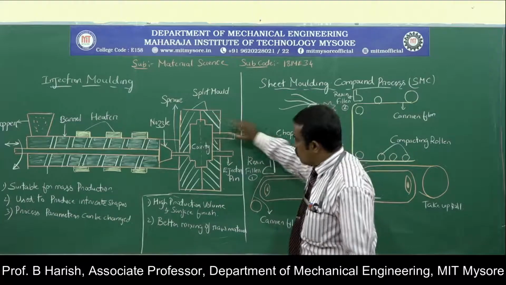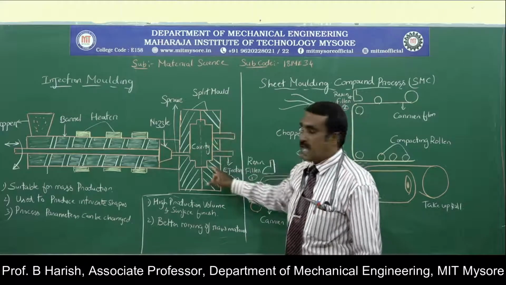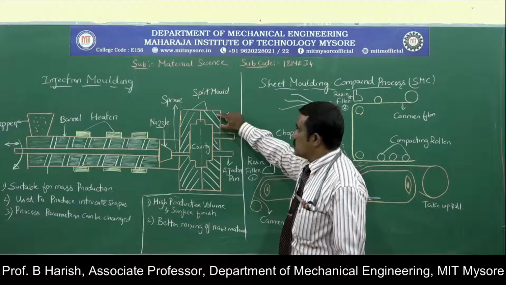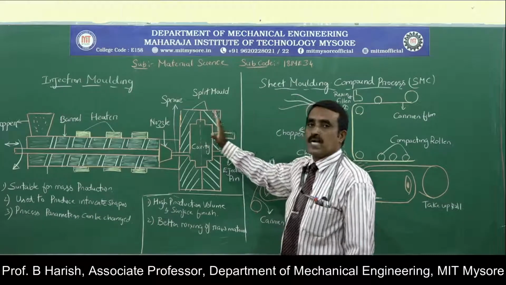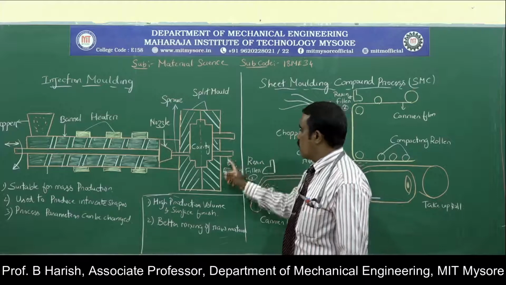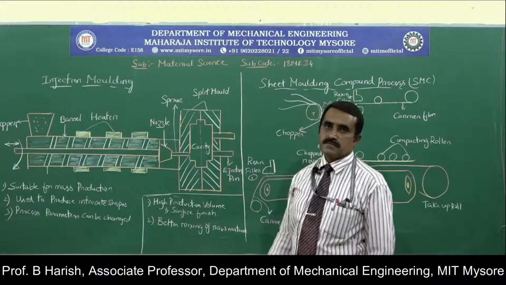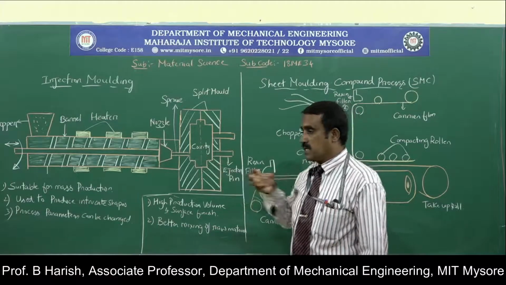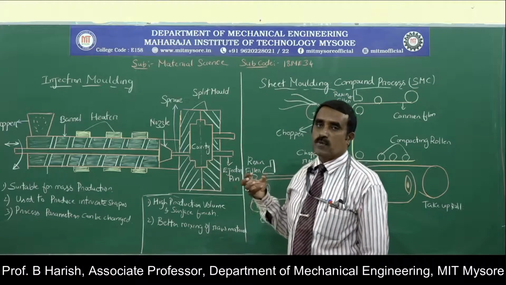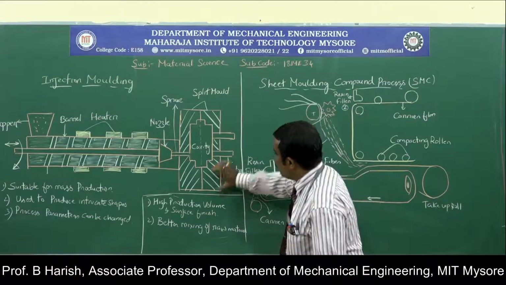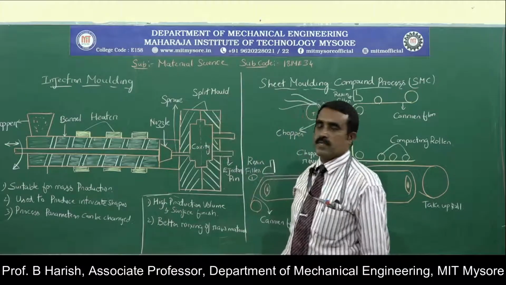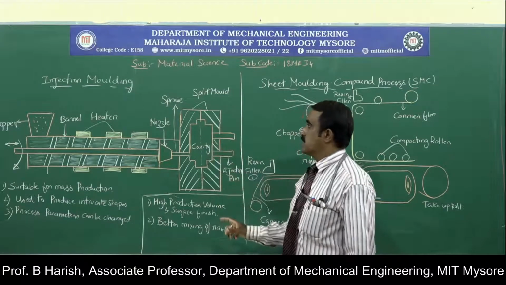In order to remove the casted part inside the cavity, this half of the mold can be moved out. For that we have these ejector pins. The name itself tells that they are ejecting, that is, removing out. This half of the mold can be removed so that I can remove the casting from the cavity. That is the function of the ejector pin.